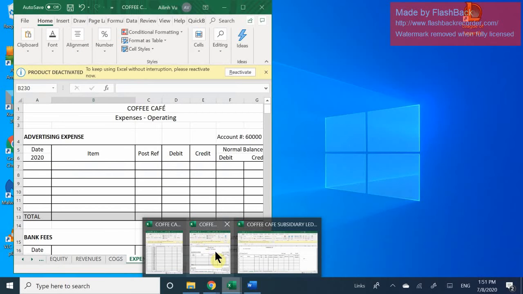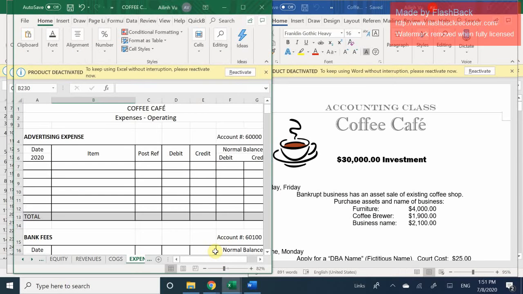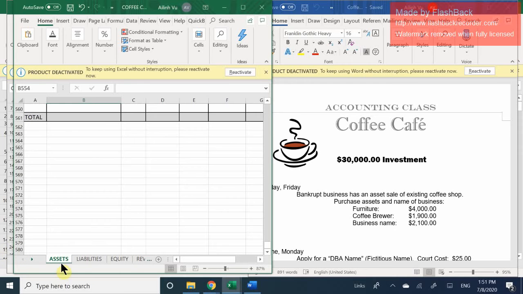The second batch of files is going to be your general ledger. It is very important that you have your general ledger because usually what Mr. Sanchez does is he has you complete the whole transaction for the whole week and then do step number 4, which is to post it to the general ledger.